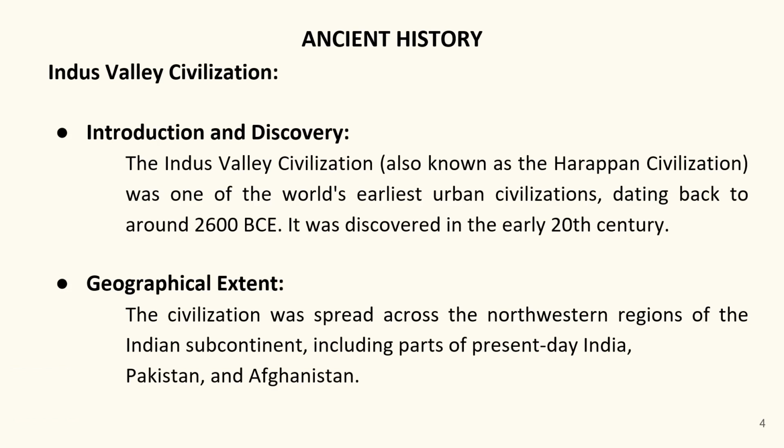And why are we going to divide these things? We have to know that this civilization's extension in north and south also changed when we go from early to later. Let me give an example. In the early period, its north was Ropar, Punjab, on the banks of the Satluj river.